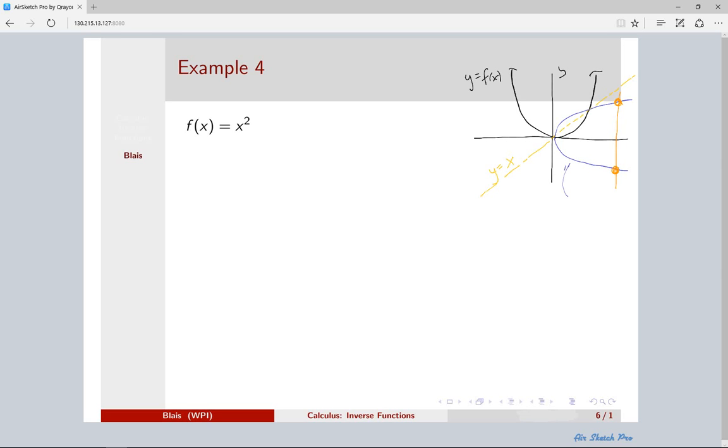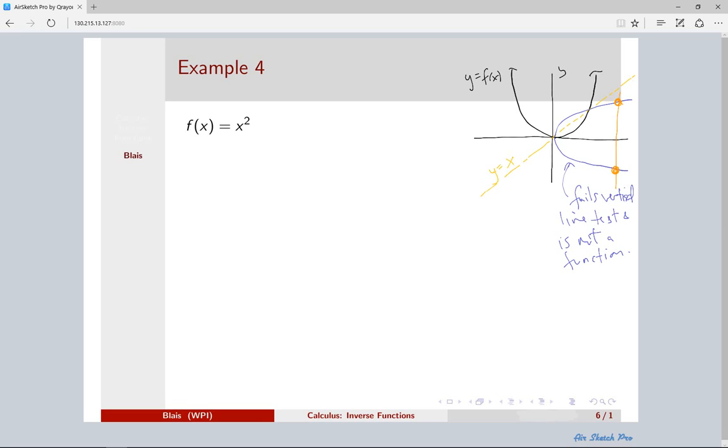So this curve fails the vertical line test and is thus not a function. So the issue here, the reason this fails the vertical line test, is because f of x fails the horizontal line test.